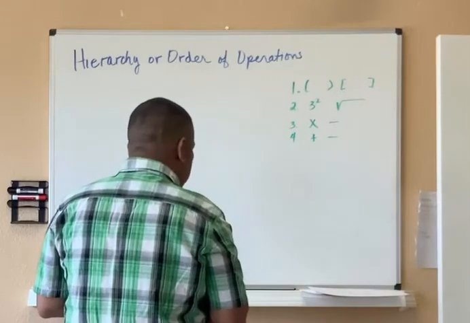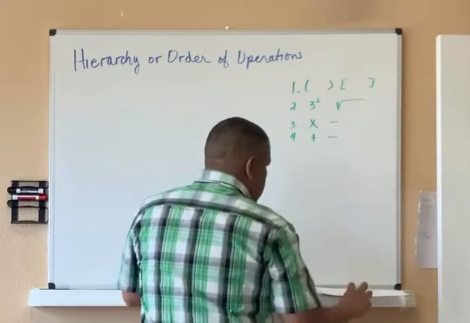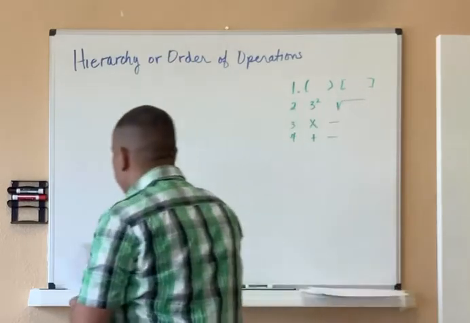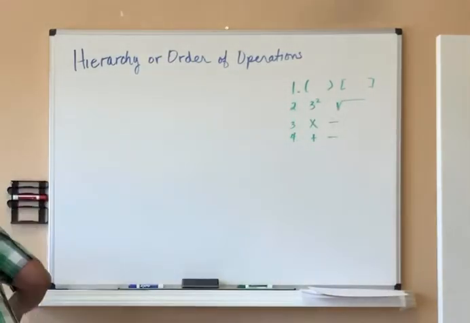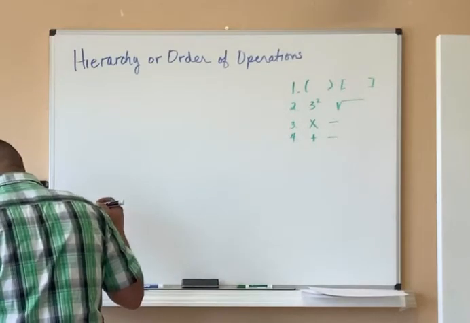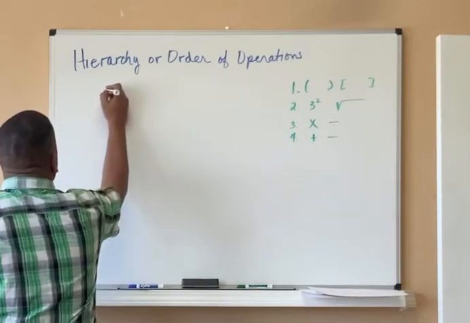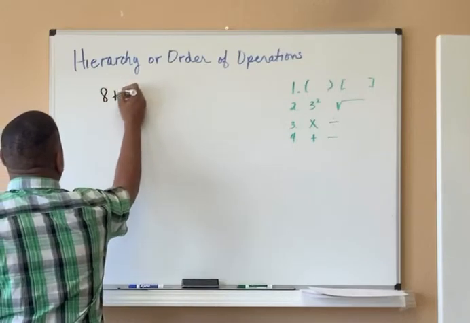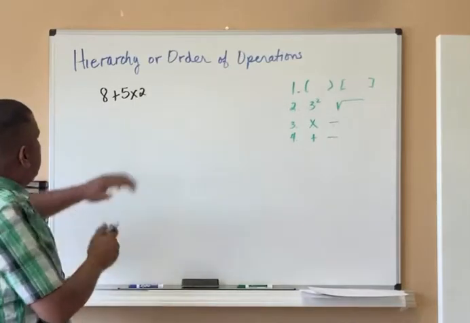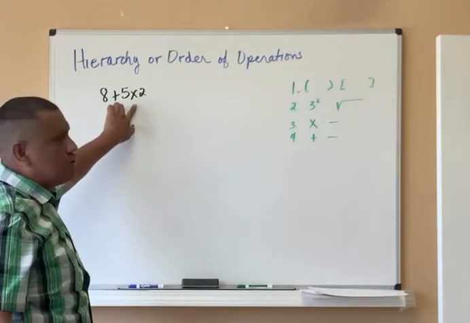So let's go ahead and start. If I have 8 plus 5 times 2, well, what am I supposed to work first? The plus or the multiplication?